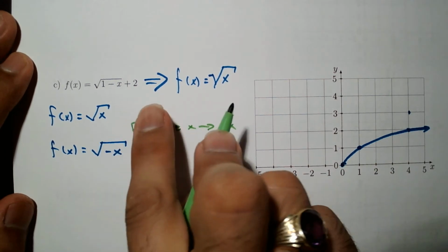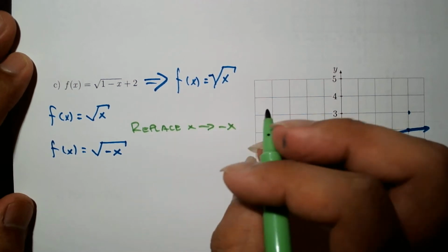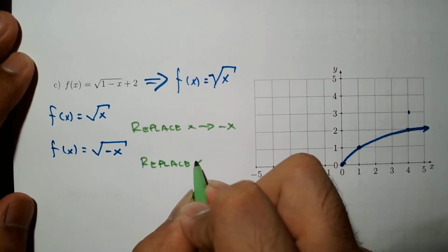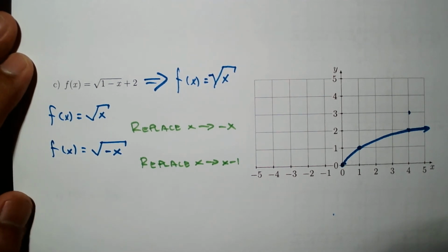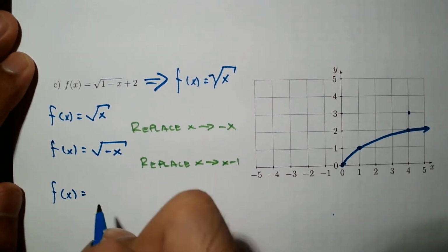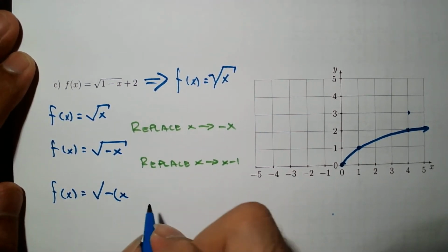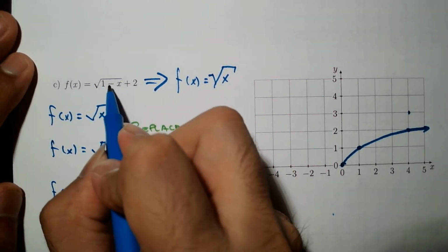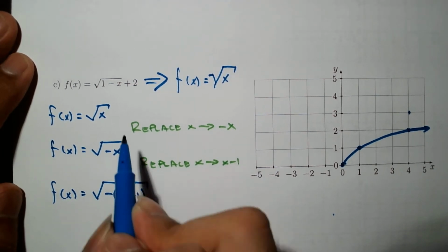I'm going to replace x with x minus 1. But be careful because of this negative sign. So x becomes x minus 1. That is how we are going to obtain this 1 minus x, because when we distribute this negative sign, we are going to obtain that.